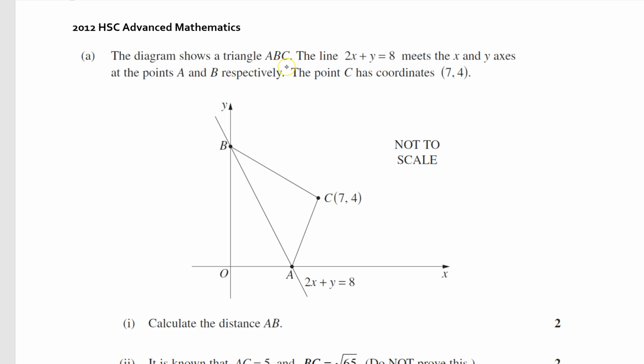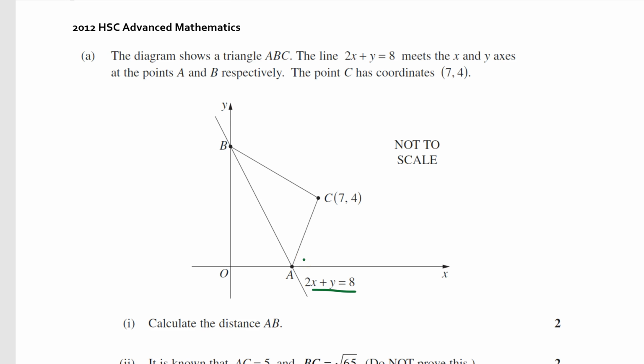This diagram shows a triangle ABC, so we jump down, we can see ABC just here. The line 2x plus y equals 8 meets the x and y axes at A and B respectively, and the point C has coordinates (7, 4).